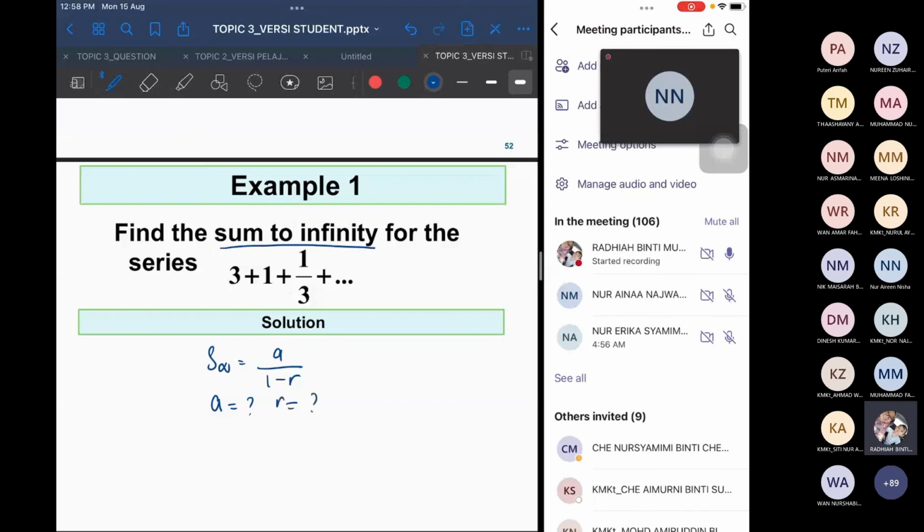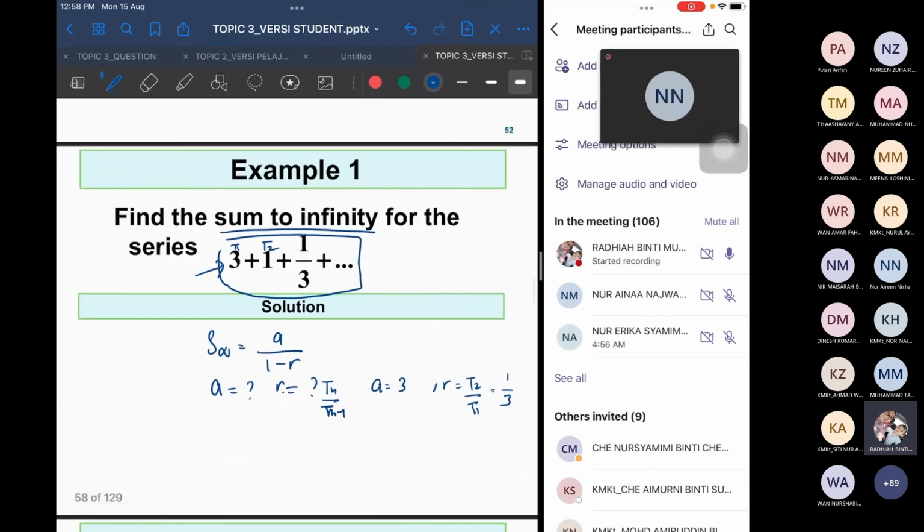Okay, so kalau diberi dalam bentuk series ni, so kita tahu this is our A. So your A is 3. Maksud macam mana kita nak tahu kita punya common ratio? So kita tahu common ratio kita adalah Tn divide Tn minus 1. So contoh kalau nak guna you punya R tu T2 divide by T1. So kita tahu this is T1, this is T2. So 1 over 3. So kita punya R adalah 1 over 3.